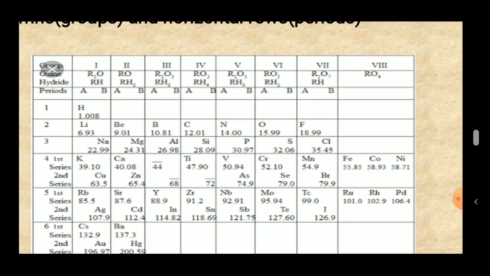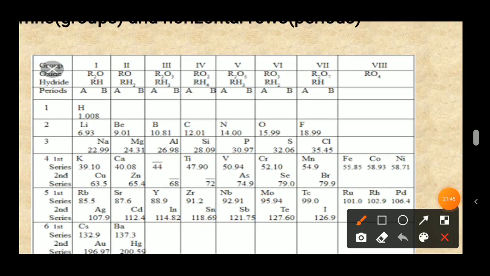So based on this concept, nickel should be kept first, then cobalt. But he placed cobalt first and nickel next. Here cobalt's atomic mass is more compared to nickel, so nickel was supposed to be kept first, then cobalt.